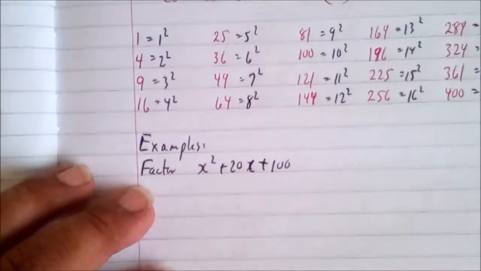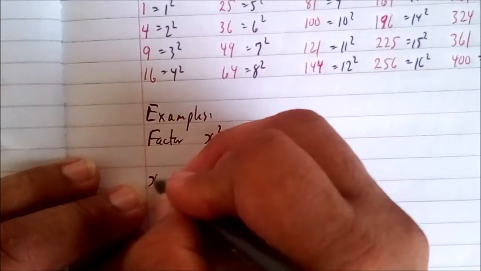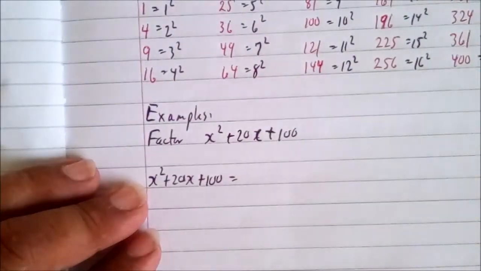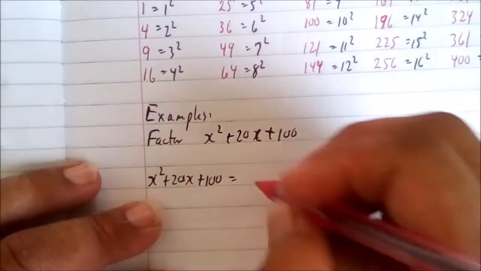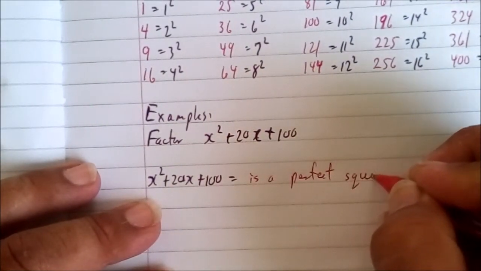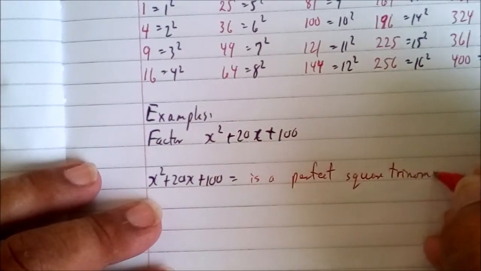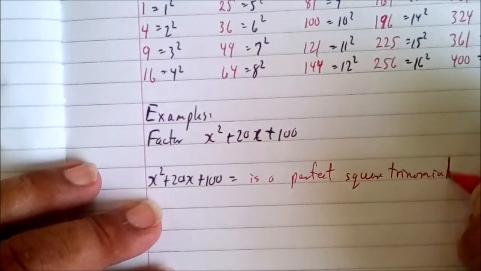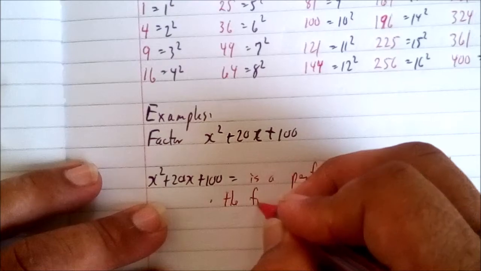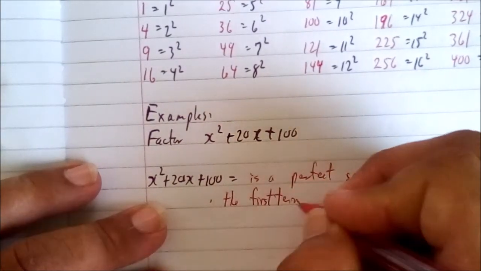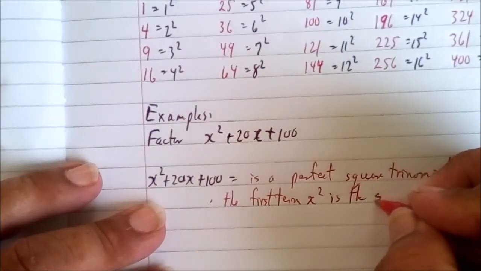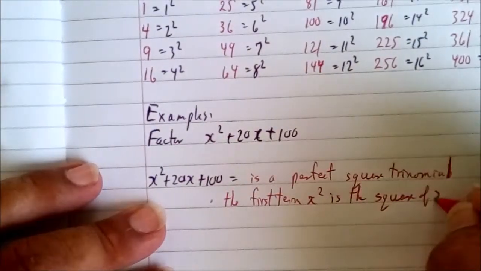Our solution then. Let me start with the problem. We have x squared plus 20x plus 100, which is a perfect square trinomial because, one, the first term x squared is the square of x.